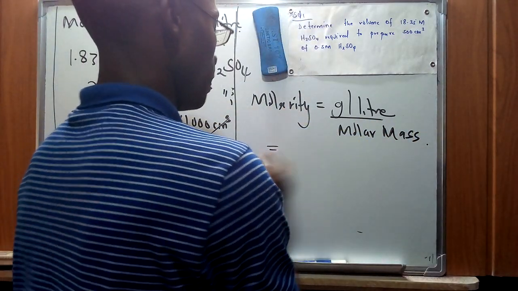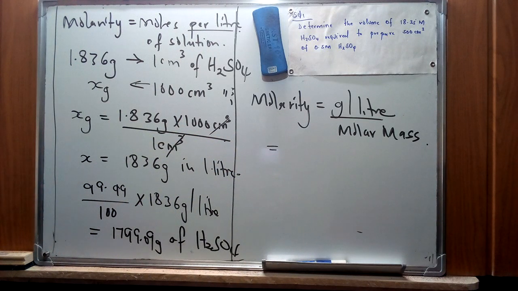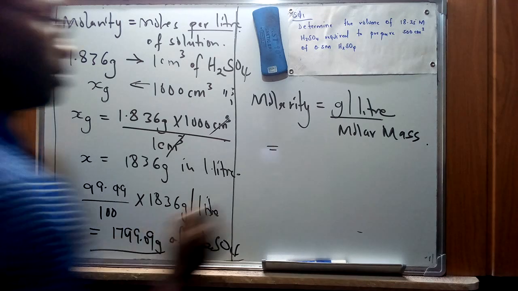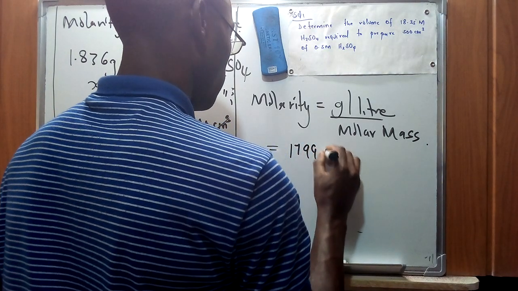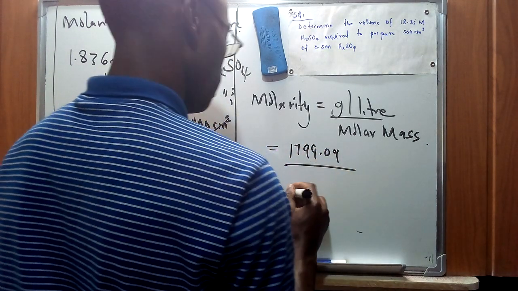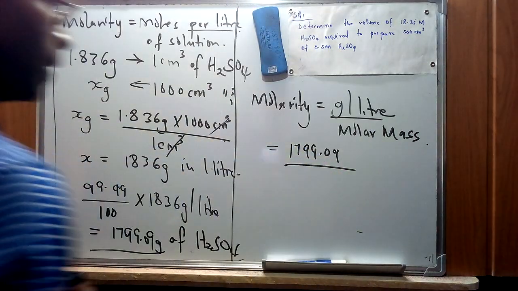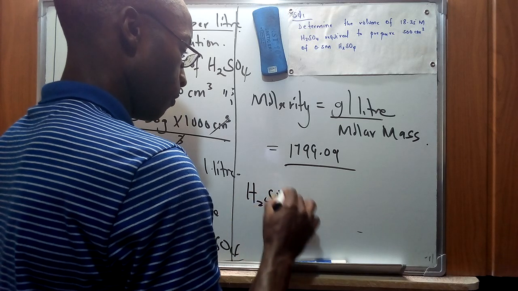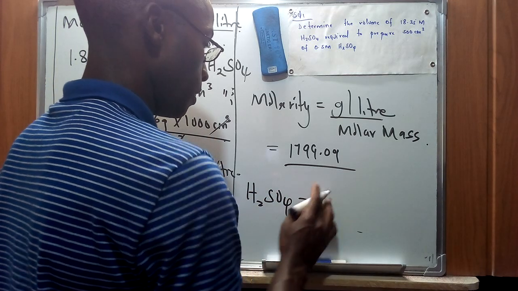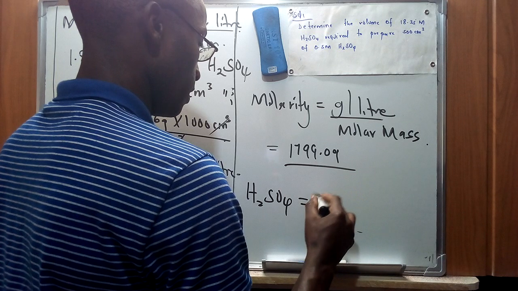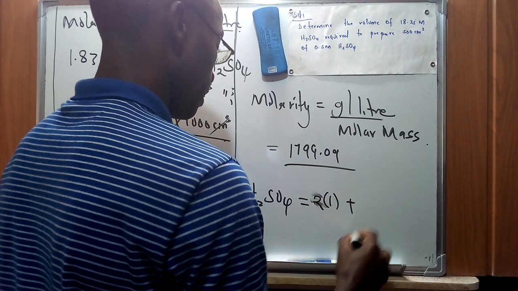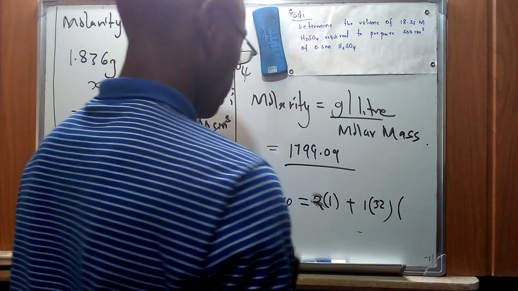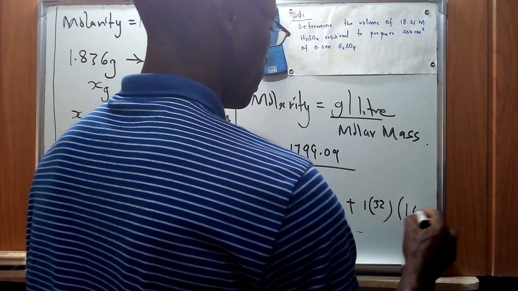So therefore, the molarity for this acid can be found by dividing grams per liter, which we have already found here, so 1799.09 divided by the molar mass for sulfuric acid, which is H2SO4. So for hydrogen it is 2 times 1, plus sulfur, this is 1 times 32, plus oxygen 16 times 4.